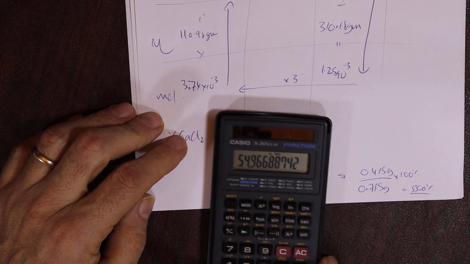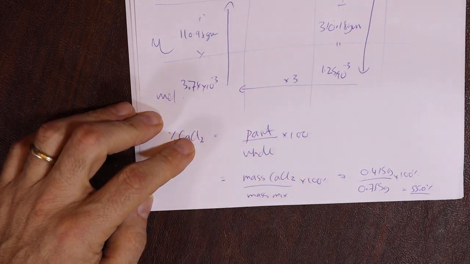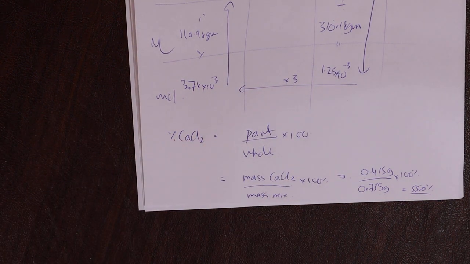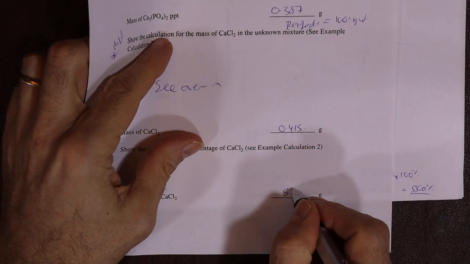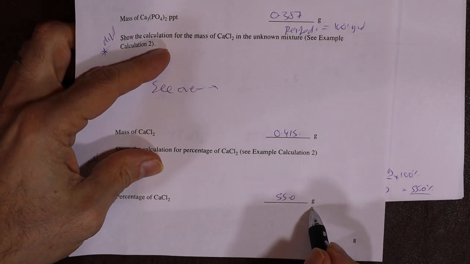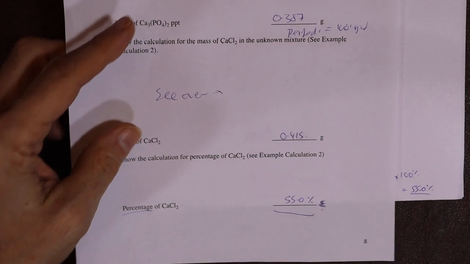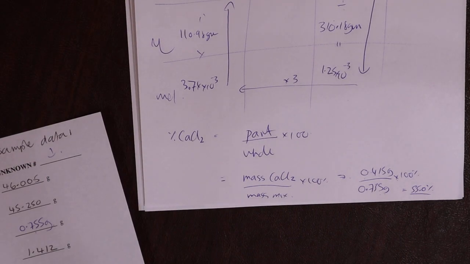That's the actual number I got on my calculator, 54.96, rounded up, 55.0%. See that? Typo. It says percent, right? There we go. All right.